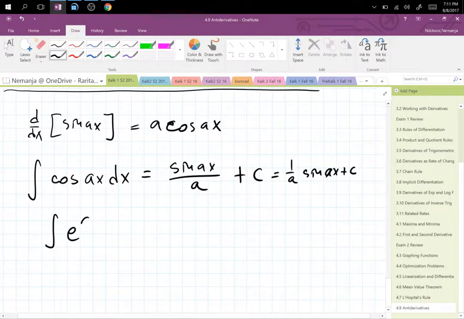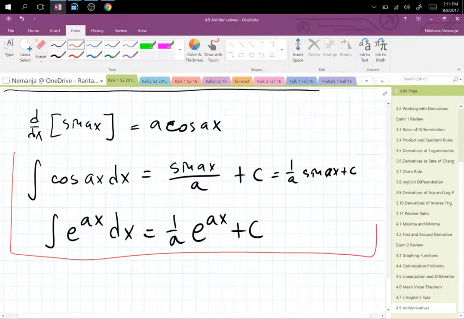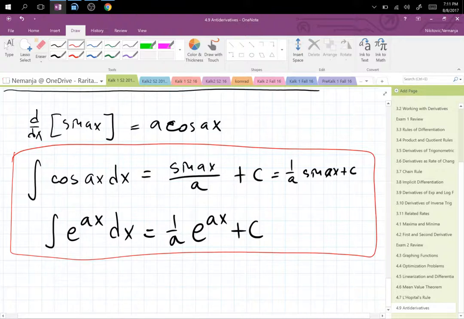Integral of e to the ax dx is 1 over a e to the ax plus c. So if you have this a floating around, it is going to go as the division into the mix.